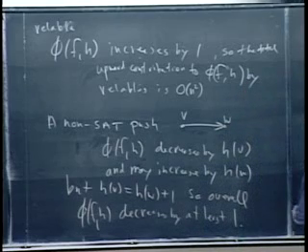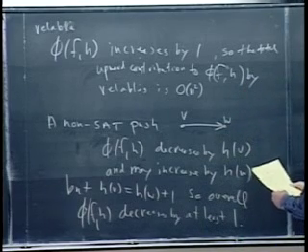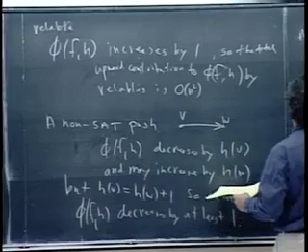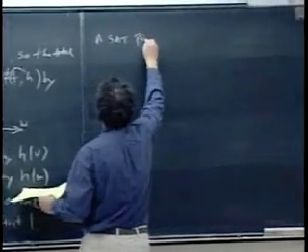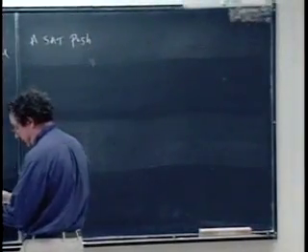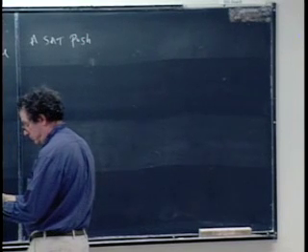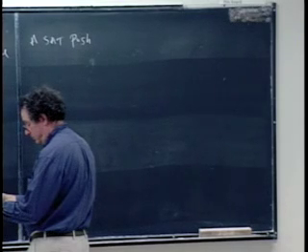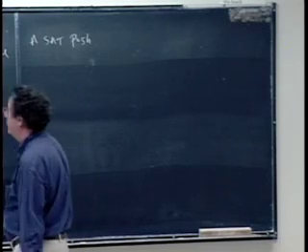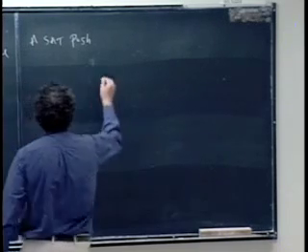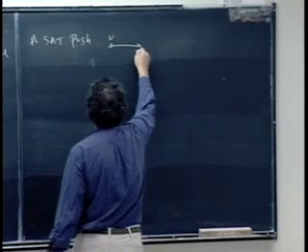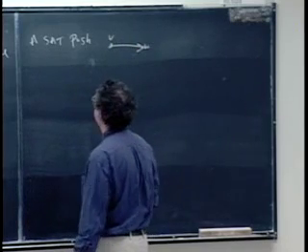Well, what else do we have? We have saturating pushes. What happens to the function during a saturating push? So I'll just draw this again. Here's a V, here's a W. This is a saturating push.